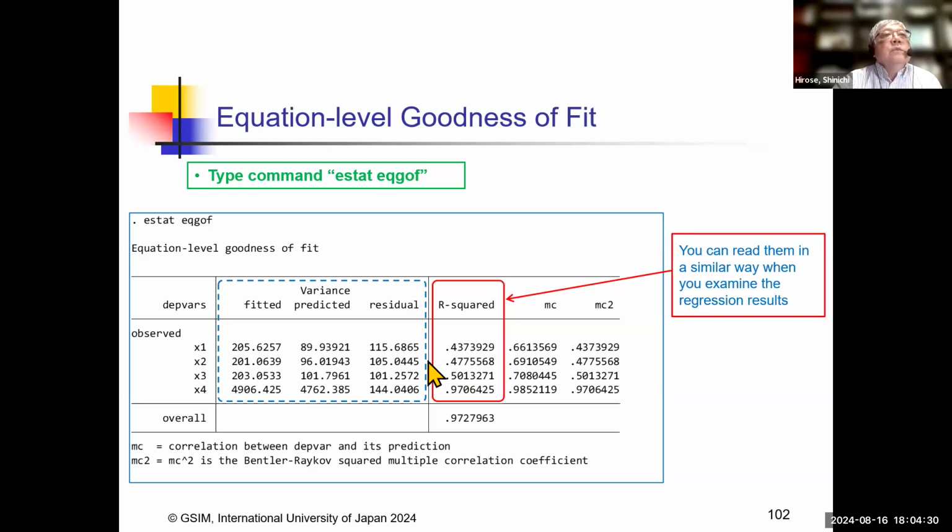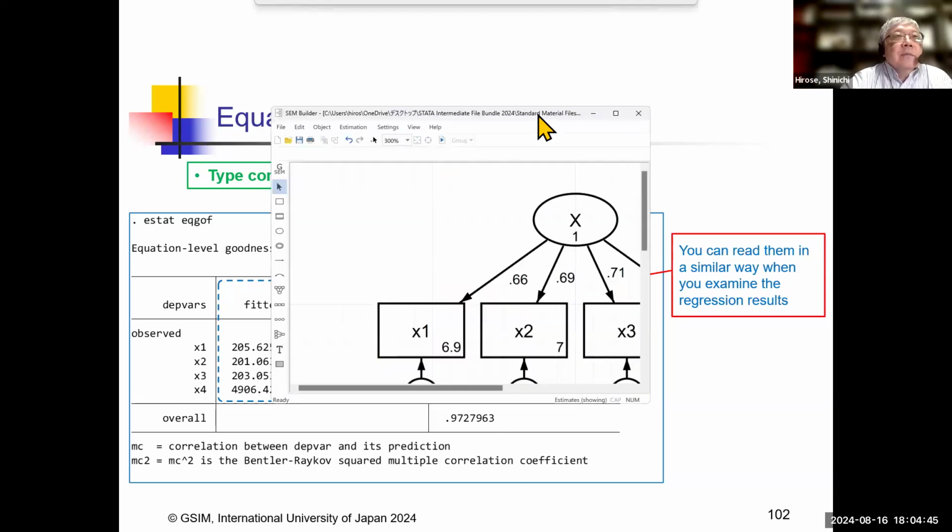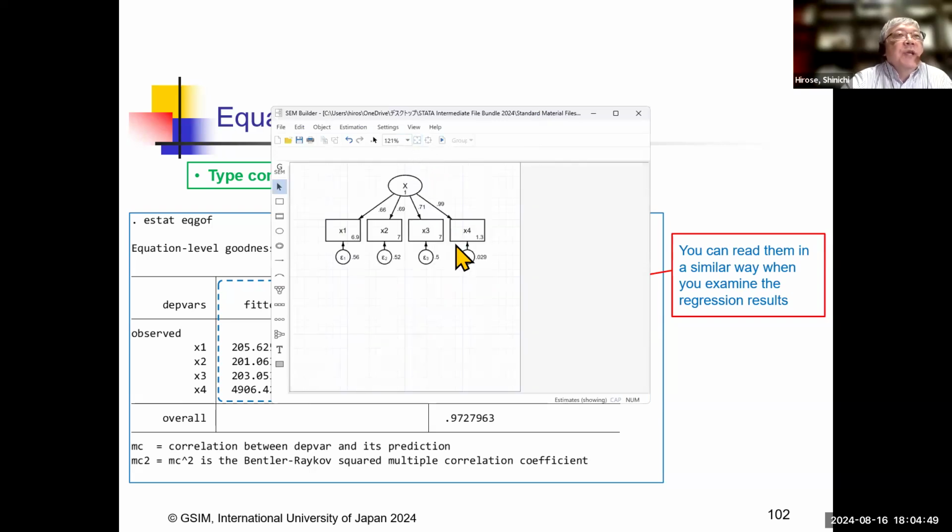So in case you see very poor R squared here, like 0.05 or 0.09, you may want to consider excluding, for example, X1.